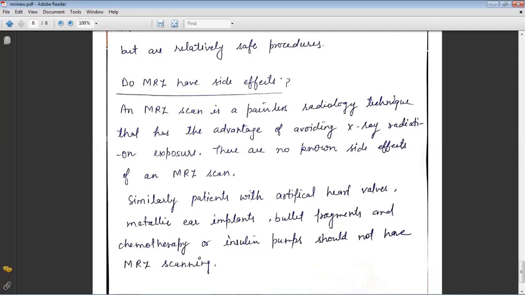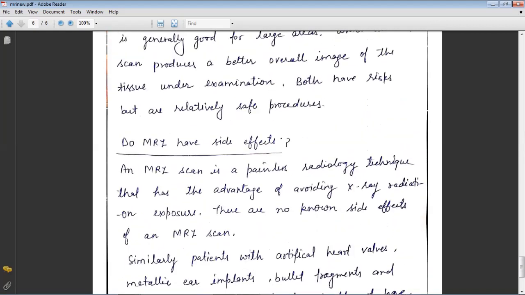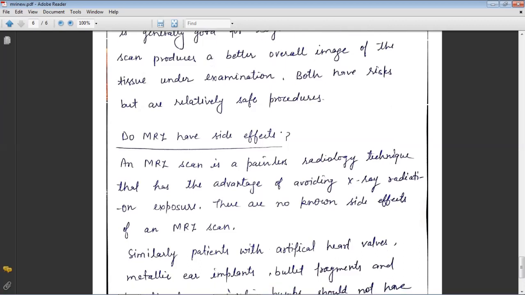Okay, and I repeat again, does MRI have side effects? Firstly, patients with artificial heart valves, metallic ear implants, bullet fragments, and chemotherapy or insulin pumps should not have MRI scanning. Otherwise, MRI scan is a painless radiology technique that has the advantage of avoiding X-ray exposure. There are no known side effects of an MRI.